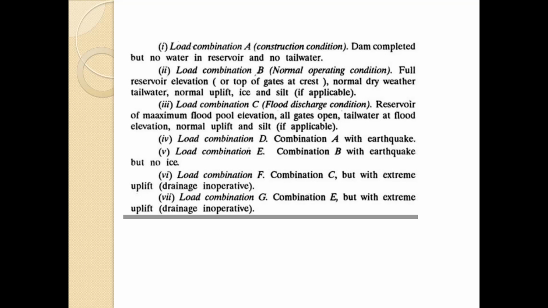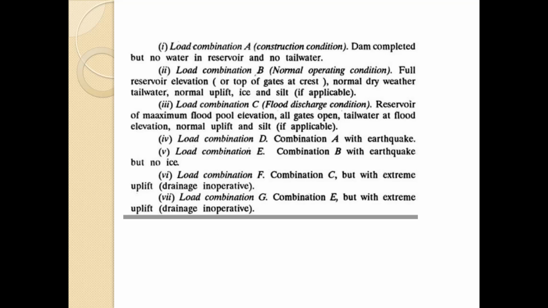Then B, the normal operating condition: full reservoir elevation or at the top of the gate of the crest, normal dry weather tailwater, normal uplift, ice and silt if applicable. Now the load combination C, the flood discharge condition: reservoir is at maximum flood pool elevation, all gates open, tailwater is at flood elevation, then normal uplift and silt if applicable.